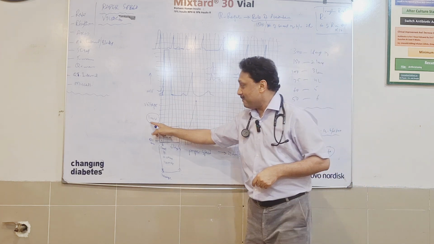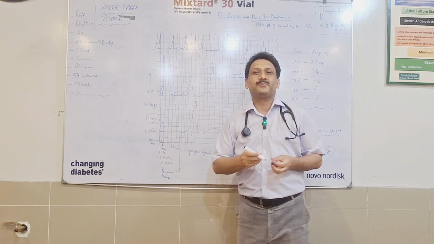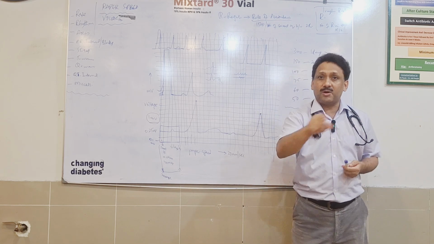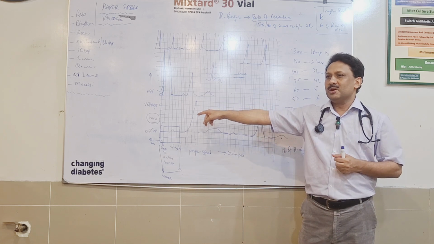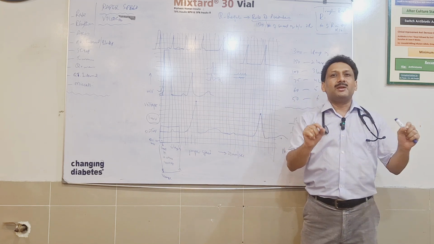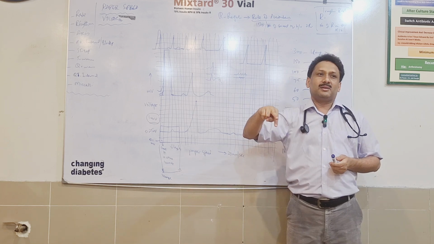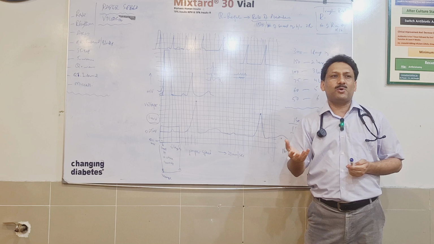Sometimes the machine will make it 0.25 millivolt. The 0.25 you now have to multiply with 4. In order to know the exact voltage, you have to multiply it with 4. So please remember, never forget these things, because you would be missing the exact voltage. Then you won't be able to calculate what is the exact voltage in this person.